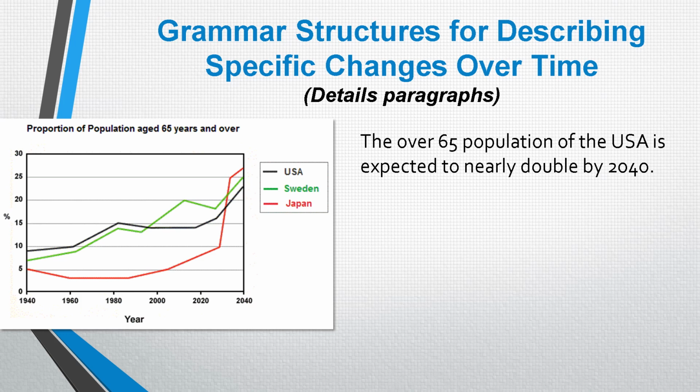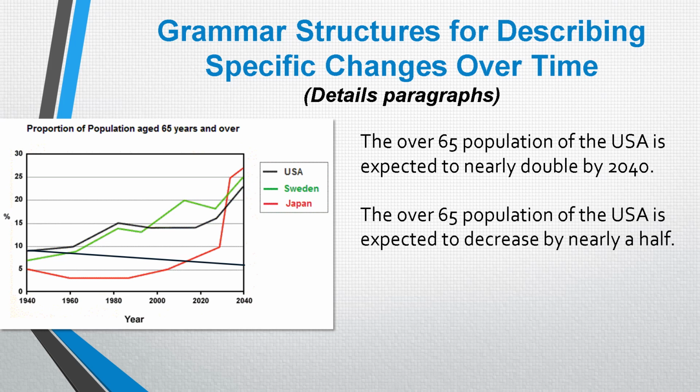Another example, the over 65 population of the USA is expected to decrease by nearly half. So if you look at that line that's just appeared there, it's an example of the USA population decreasing by nearly half.